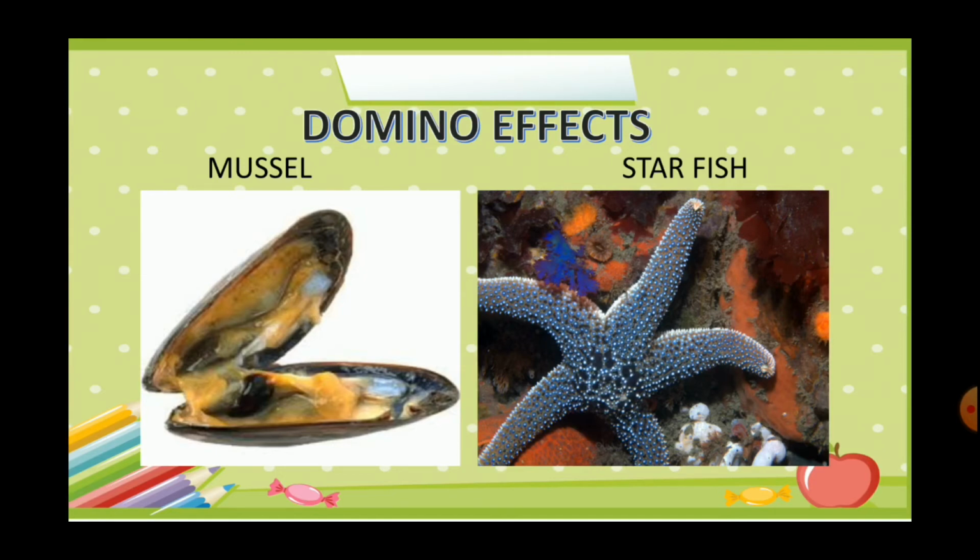So if the starfish are removed from the ecosystem, the population of mussels will increase, and these will prey upon smaller animals, and their number will decrease rapidly. So the removal of a species will disturb the balance of that ecosystem, and this may result in the loss of some types of organisms.